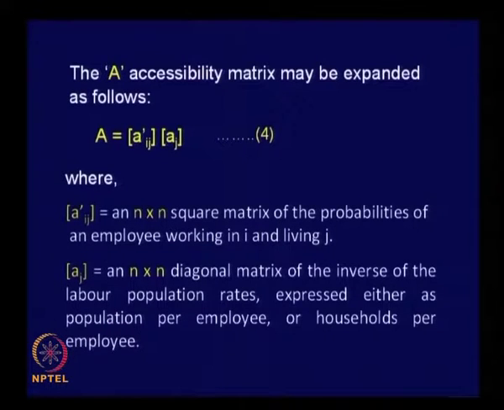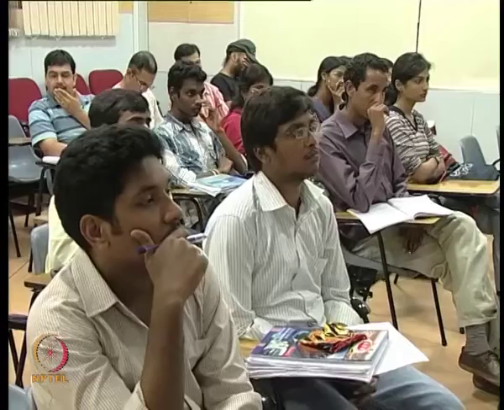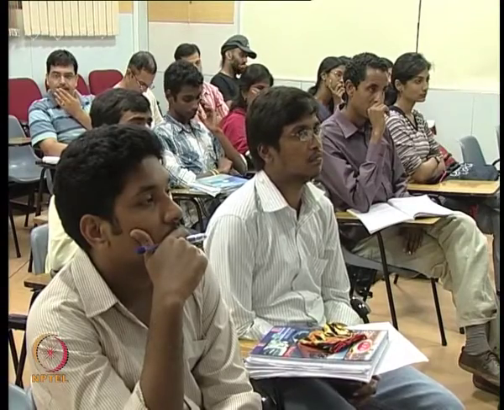Instead of employees per household, he found it convenient to have households per employee, or maybe a certain number of population per employee, let us say 0.8 households per employee. Then how many employees per household? 1 by 0.8, is not it. So, that is how the inverse was taken for substitution in this particular case.